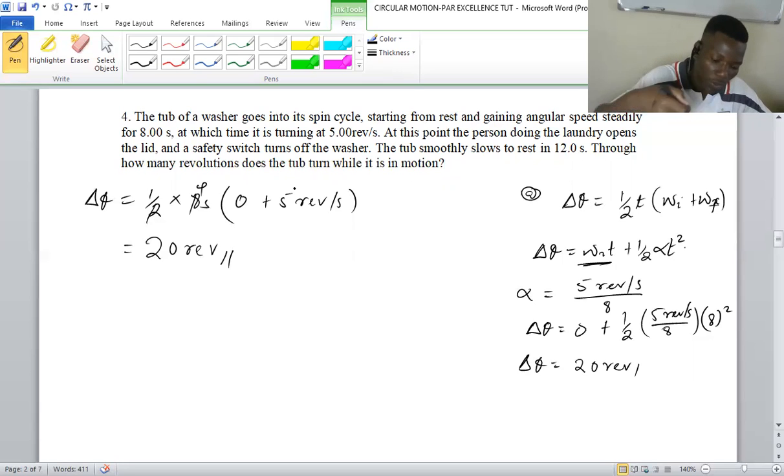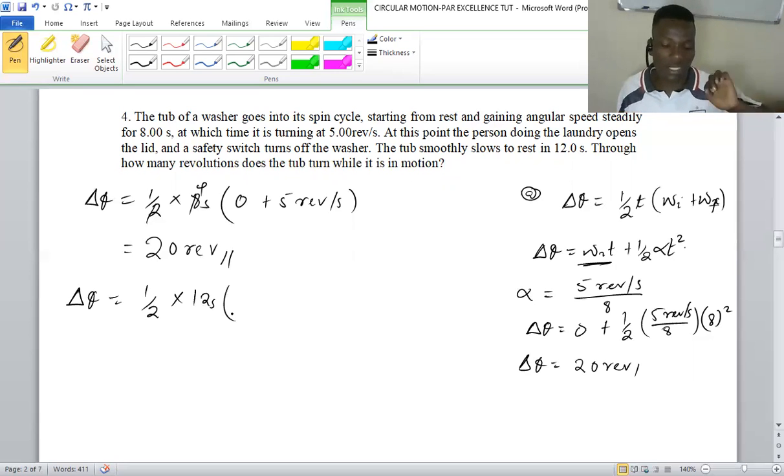Okay, so we know again that we have half times 12 seconds, and then this is going to rest, meaning the final is going to be 0, and the initial speed is going to be the one it has reached, 5 rev per second.